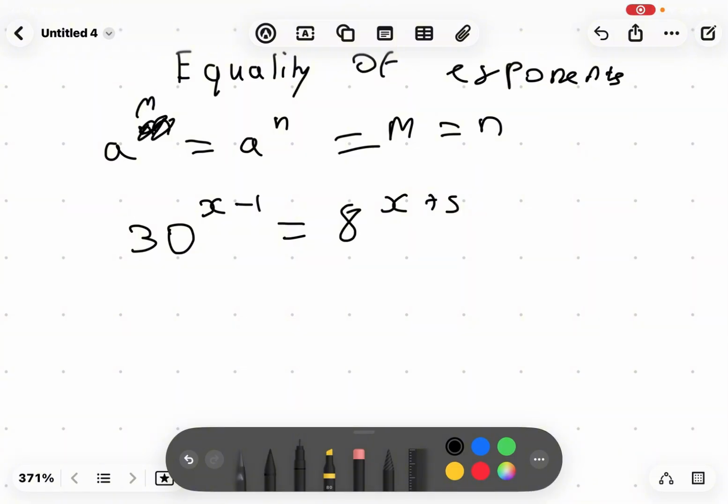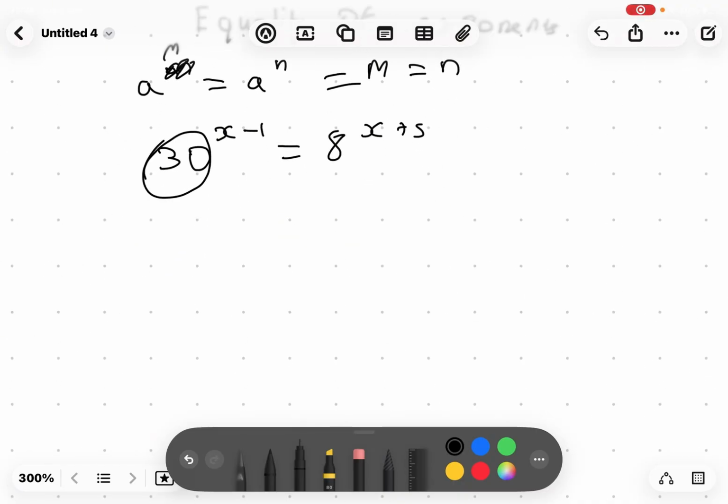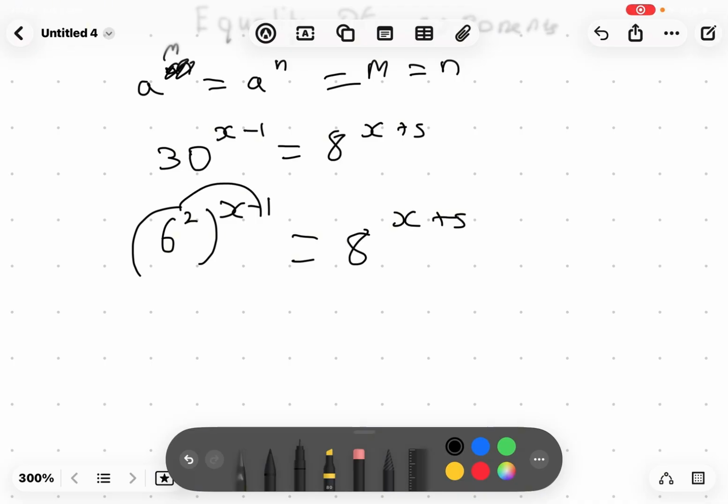we change one of the numbers. Let's say instead of having a 36, we do 6 squared because it's the same thing, and we get something like this. And then we open the brackets, 6^2 squared minus 2.